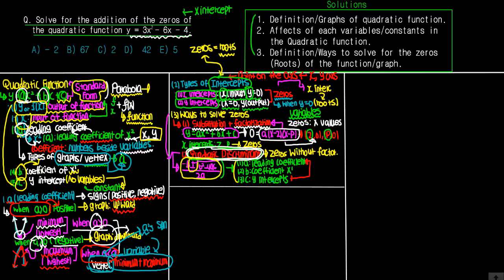But the good thing about the quadratic discriminant equation was that we could apply it at any time, and it is an accurate equation that we can use when it comes to solving the x-intercept. But the bad thing about it is it took us a long time to solve.